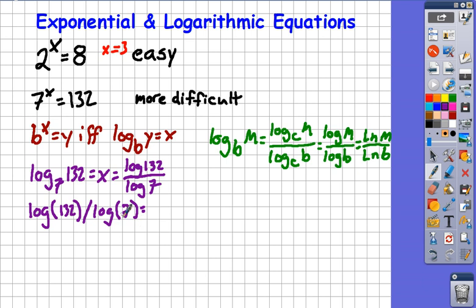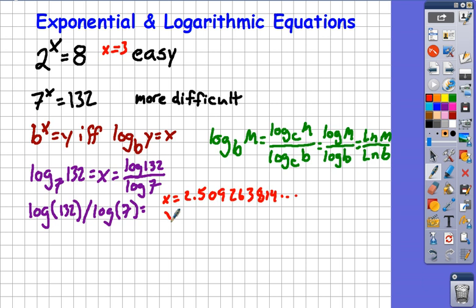So we go ahead and do that, and we end up finding that x is equal to 2.509263814... right?